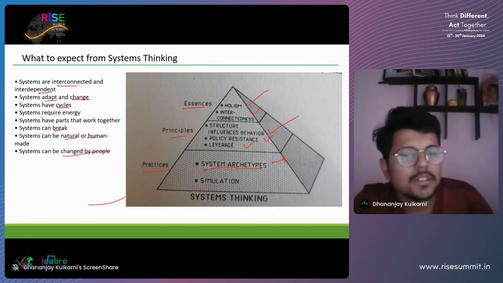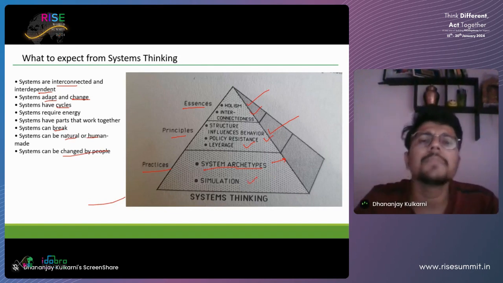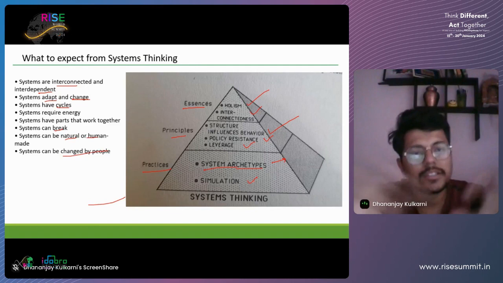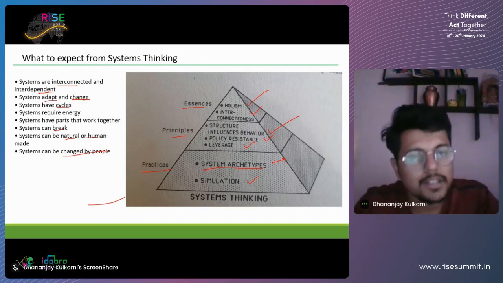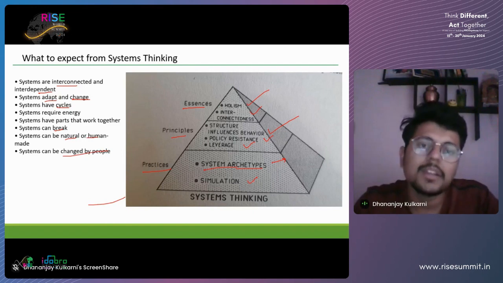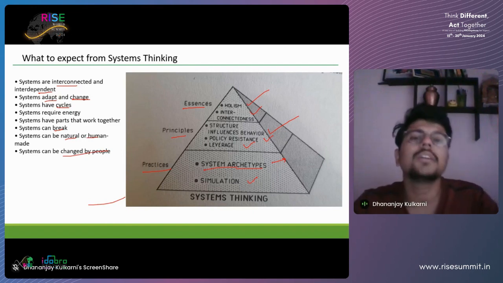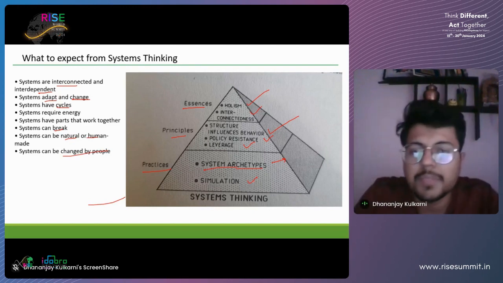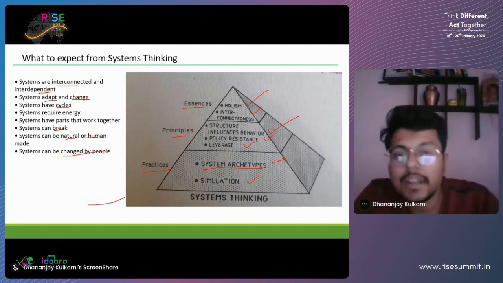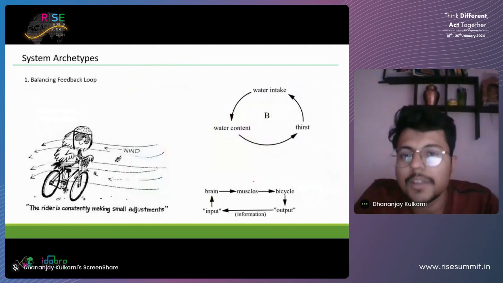And the next is simulation models. So in this way, systems thinking in its entirety, with the concept of holism, means understanding the entire whole and appreciating the interaction of the different elements with respect to the goal of the system. That's how we can understand systems thinking.